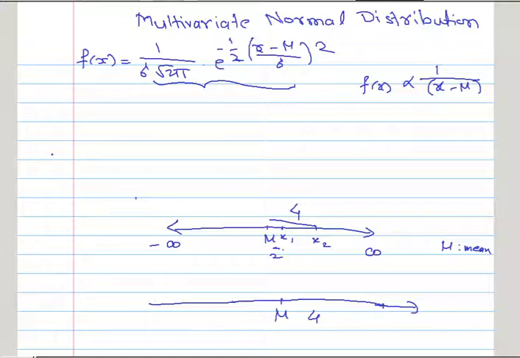Suppose two students have scored marks and the difference between them is 4. So x1 and x2 differ by 4. Out of 20, one student got 12 marks and the other got 16 marks. Clearly there is quite a difference between these two marks, so their intellectual level has a significant difference.